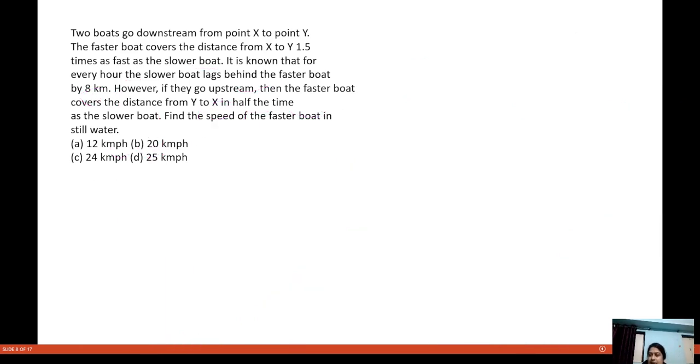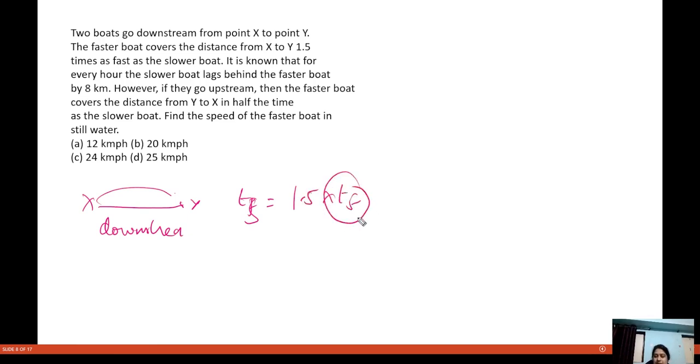Listen to this question once more. See what this question is saying. The question is saying that when we are going from X to Y, that is downstream, the time taken by the slower boat is 1.5 times the time taken by the faster boat.